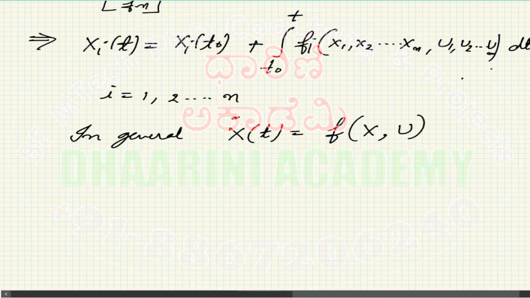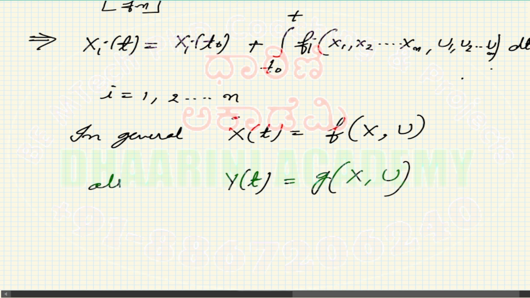Let's look at the same thing in a different way. I can also calculate the output of the system. The y of t, again a general equation, can be calculated as another function g of x comma u.